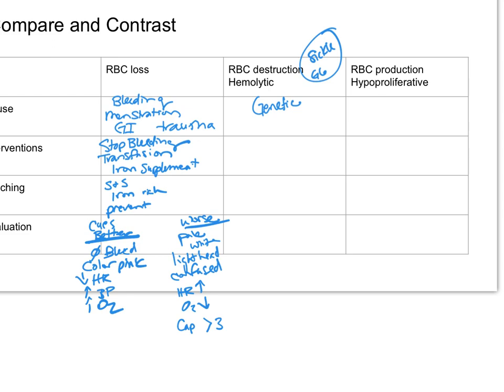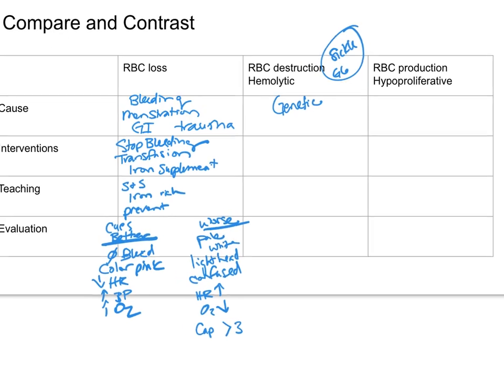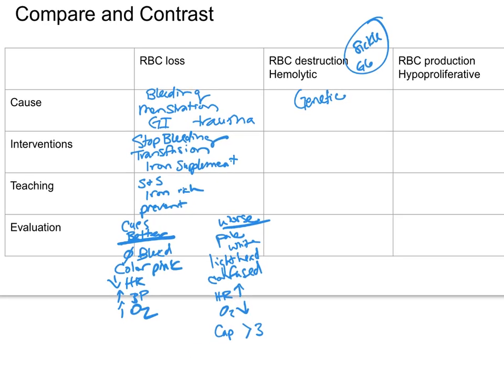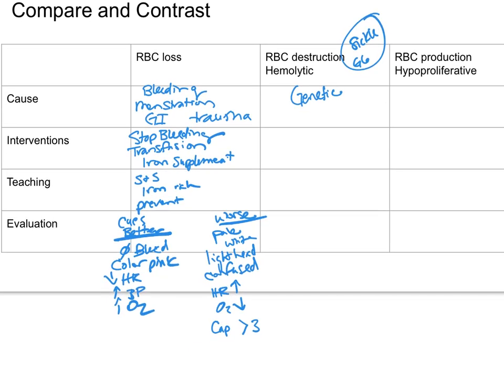What am I going to do for my sickle cell patient, or my G6 patient? Pain meds. Fluids. Those cells are getting broken down. Transfusion.